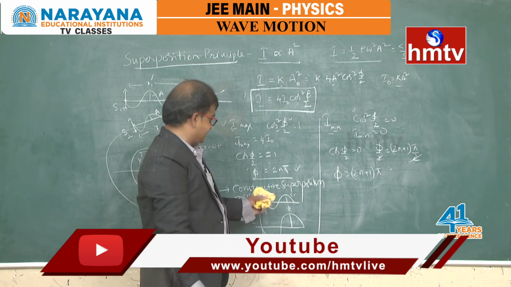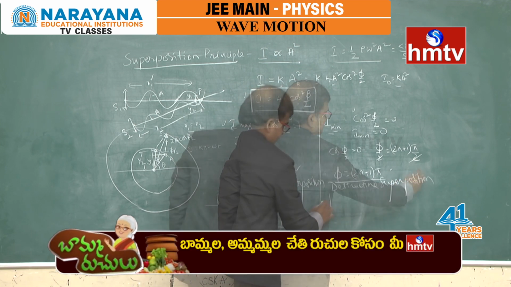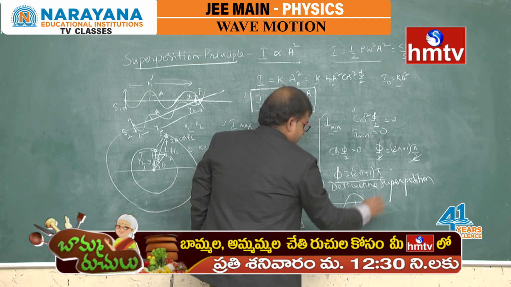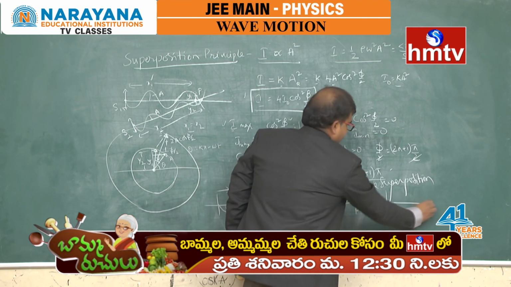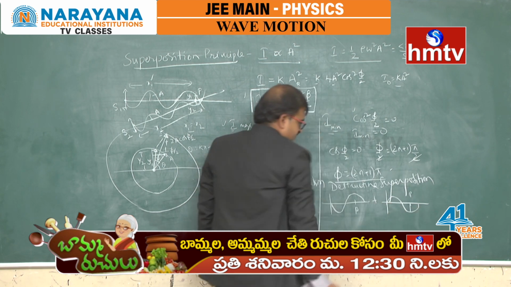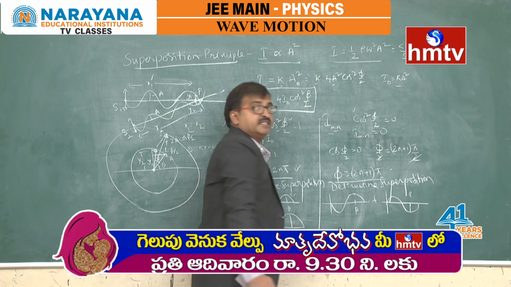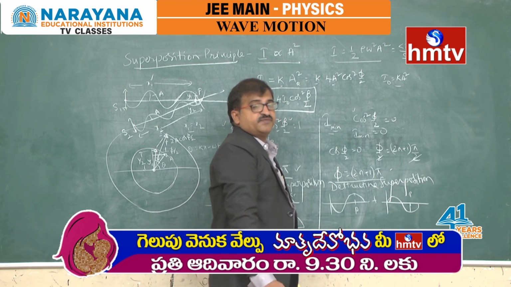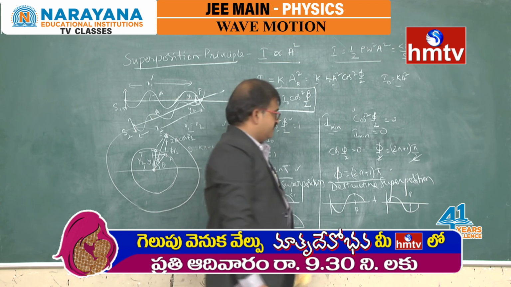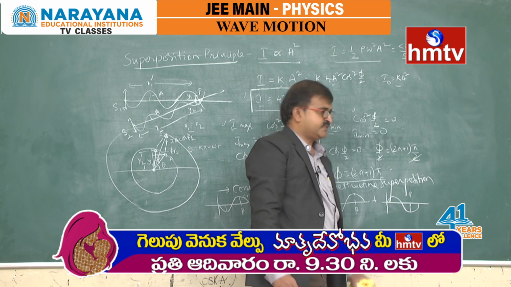This is what you call destructive superposition. Taking the point P, the crest of the first wave falls on the trough of the second wave. That means they must have a phase difference of pi.